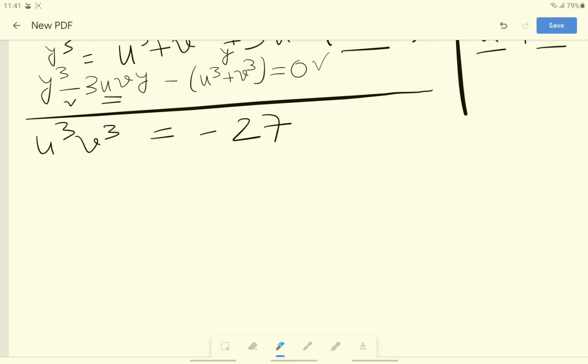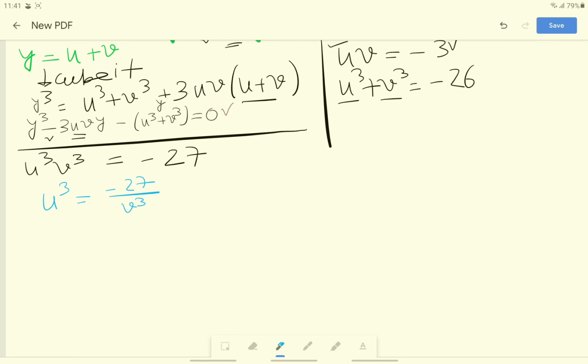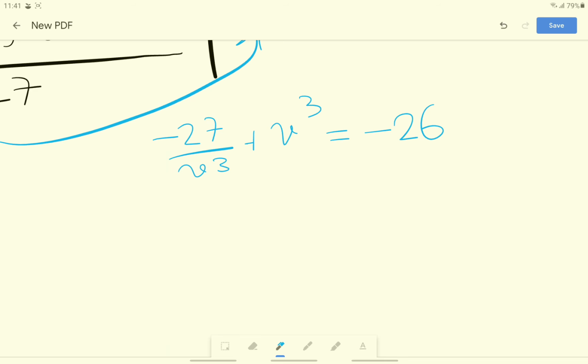So now we replace the u cube term: u cube equals minus 27 upon v cube, and we put this into u cube plus v cube, that is minus 27 upon v cube plus v cube equals negative 26. We can do a guess and check method, or we can apply the quadratic formula.